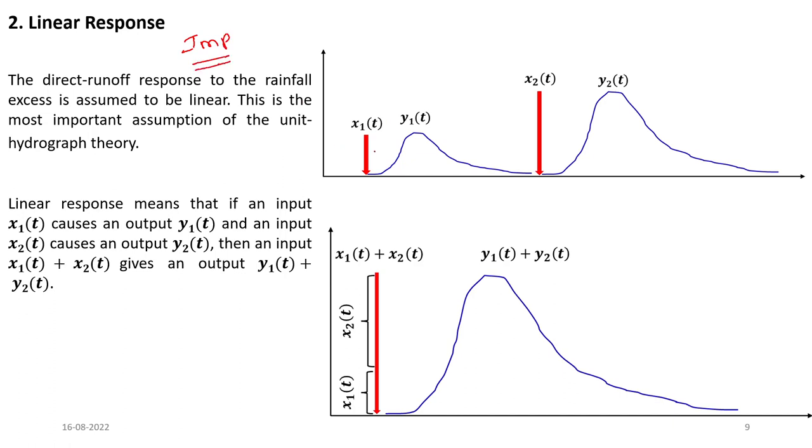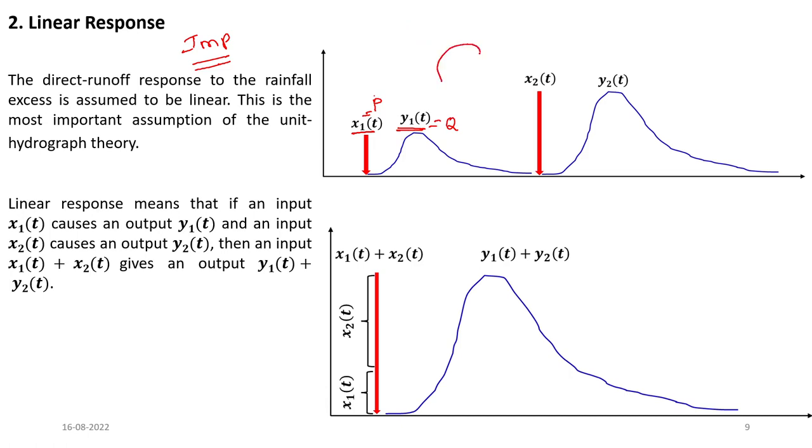Suppose imagine this is an output and this is an input. Let's say we have given x1(t) as an input, which resulted in y1(t). So here y1(t) can be considered as the Q streamflow, and maybe x1(t) can be considered as P. Let's say you have given P amount of input which resulted in Q streamflow.